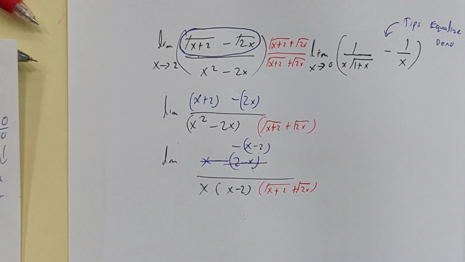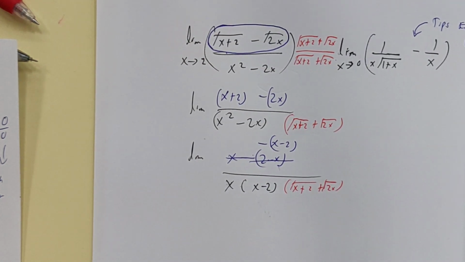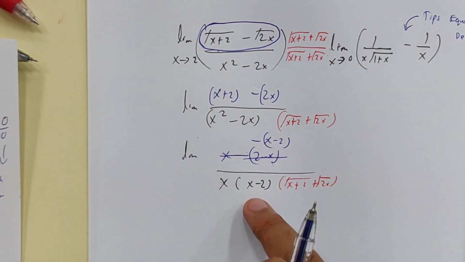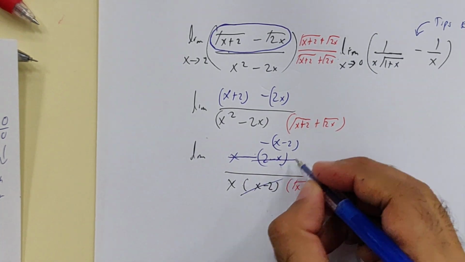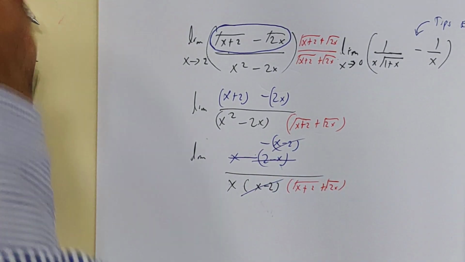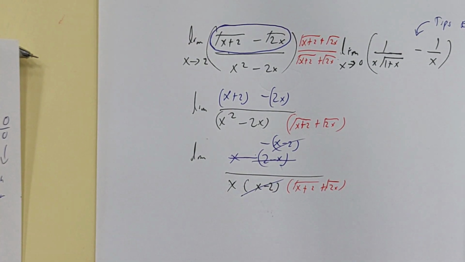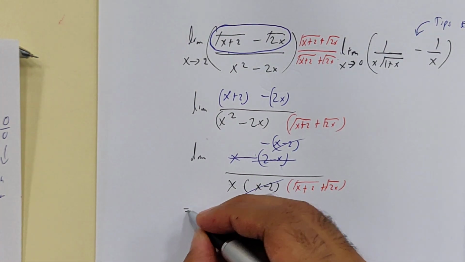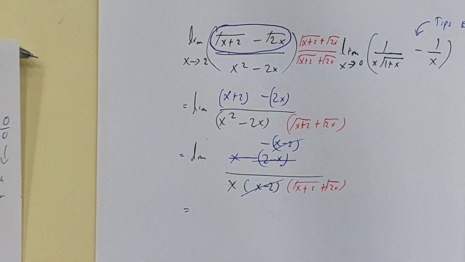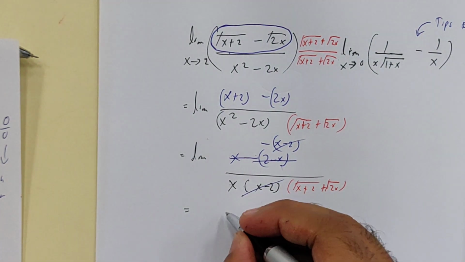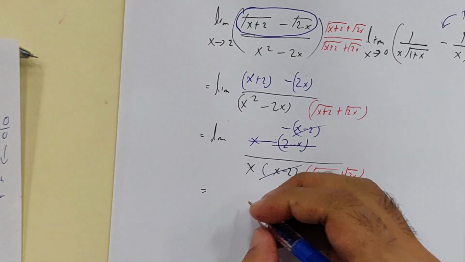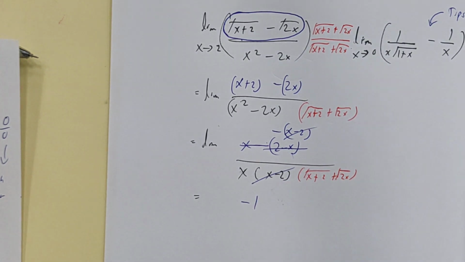Are you okay? It's similar to what we have done just now. So x minus 2, x minus 2. I don't like the word potong because I need scissors. Simplify. So you got yourself minus 1.